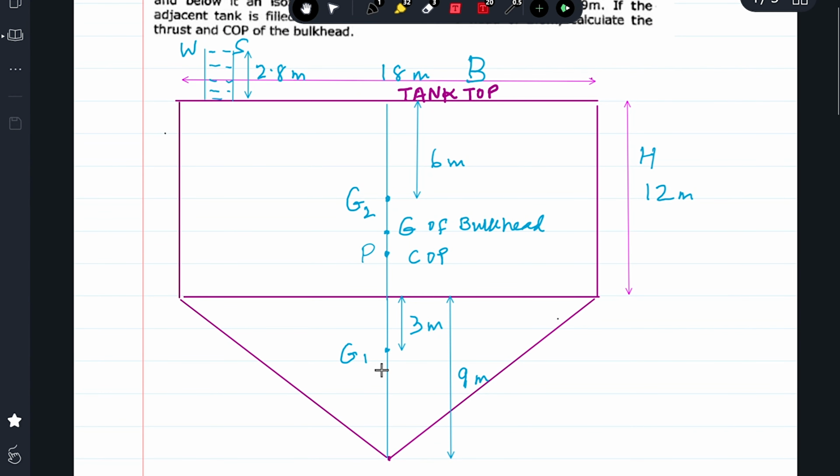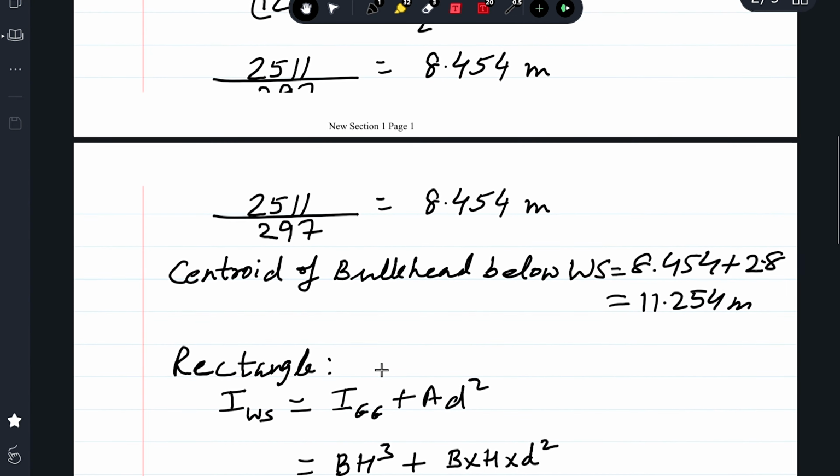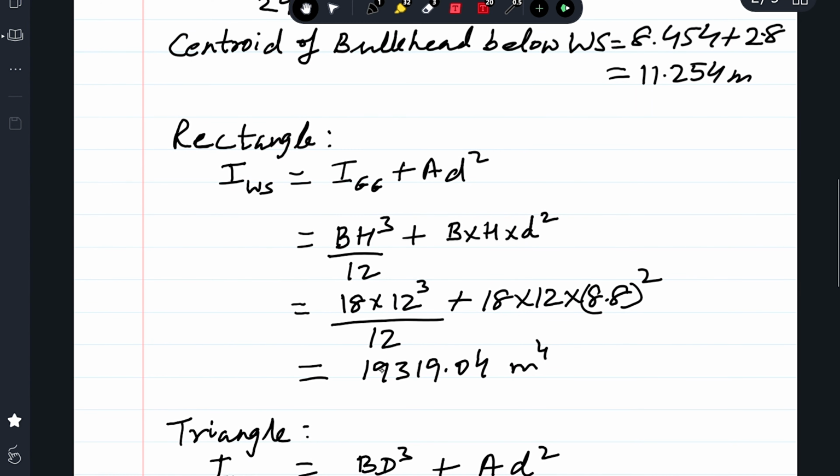The water surface is 2.8 meters above the tank top. So from the water surface it will be 6 plus 2.8, 8.8 meters. The D will be 8.8 meters. So I get 19319.04 meter to the power 4 as above. This is the moment of inertia of the rectangular portion of the bulkhead about the water surface.